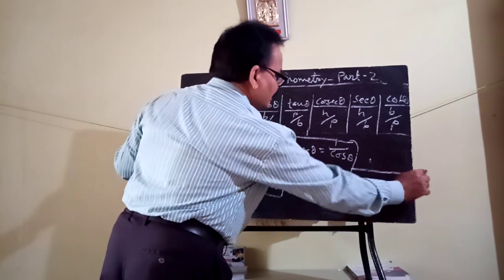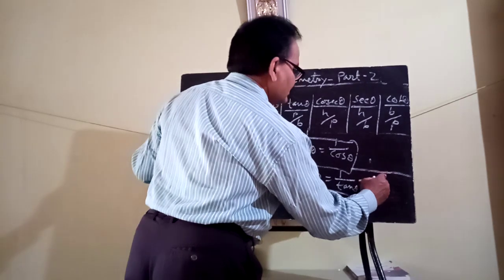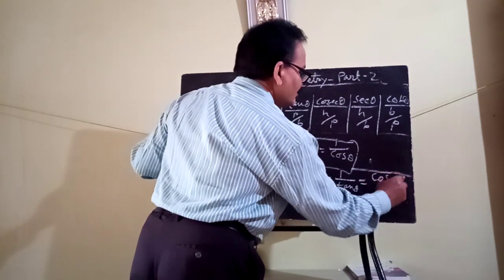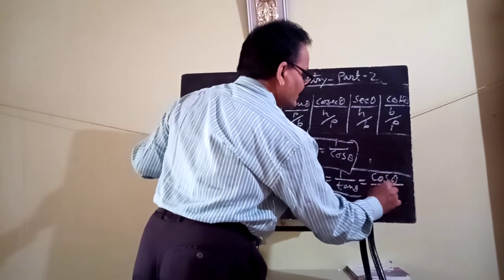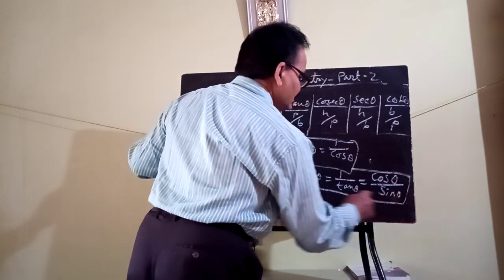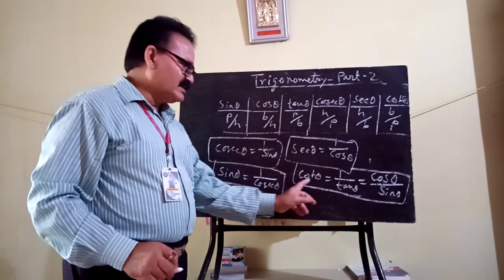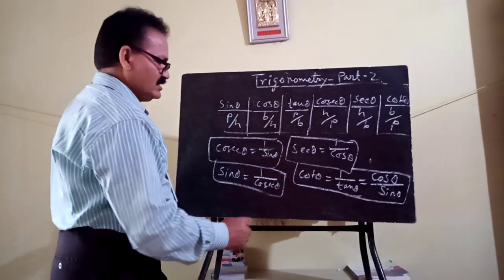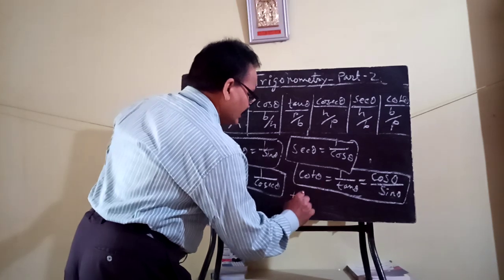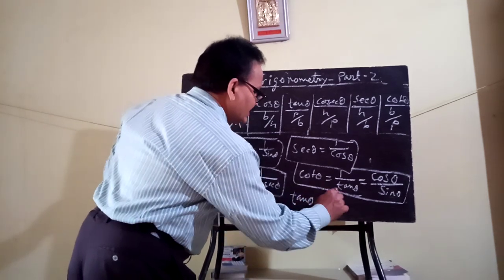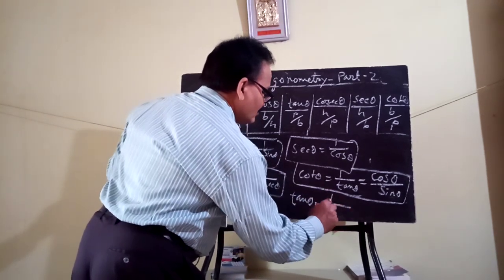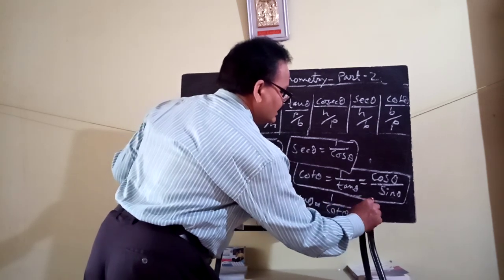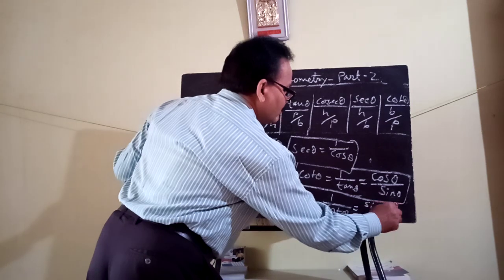Cot theta can also be written as cos theta by sin theta. And tan theta can be written as 1 by cot theta or sin theta by cos theta.